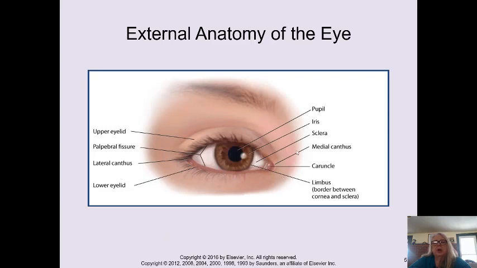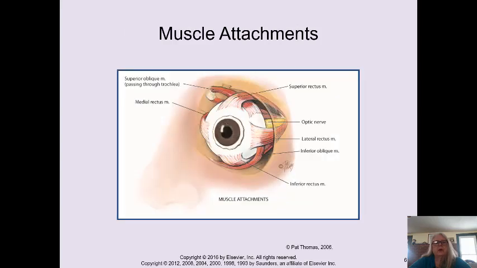We want to pay attention to all aspects of the external eye, and the lacrimal duct, which is your tear duct, is a very important part. Your muscle attachment with the optic nerve. Your muscle attachment is important because that's how the eye moves so that it can see.